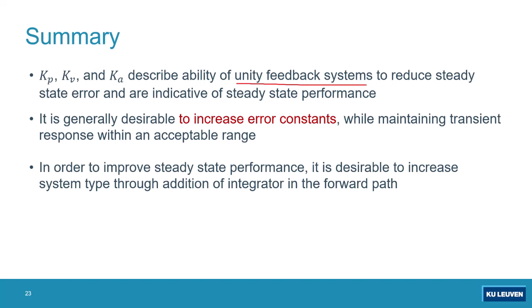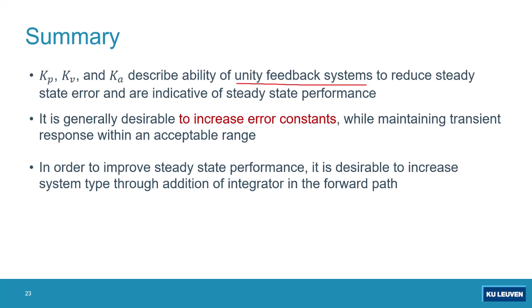If a unit step input is given to a unity feedback system, if we have a type 0 system, we will have a finite steady state error, but if we can increase the type number of the system from type 0 to type 1, the steady state error because of a unit step input will be reduced to 0. Same thing applies to any other inputs, right?